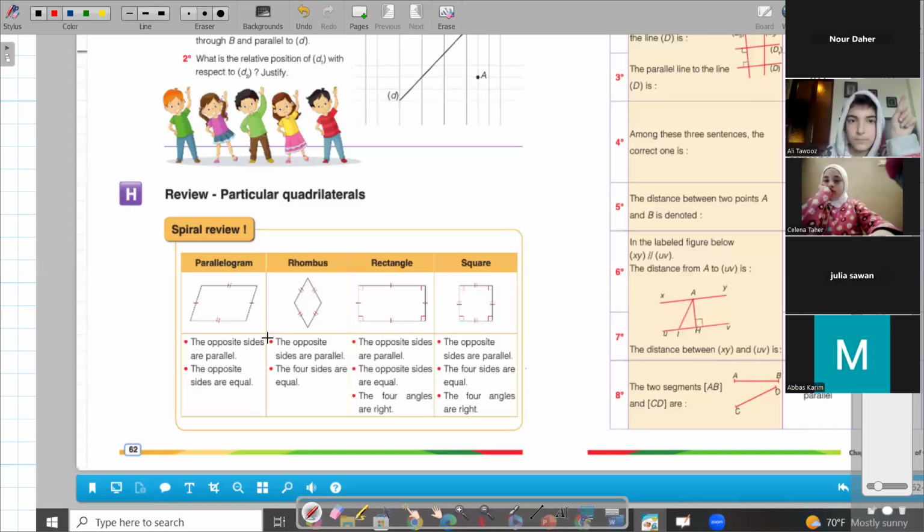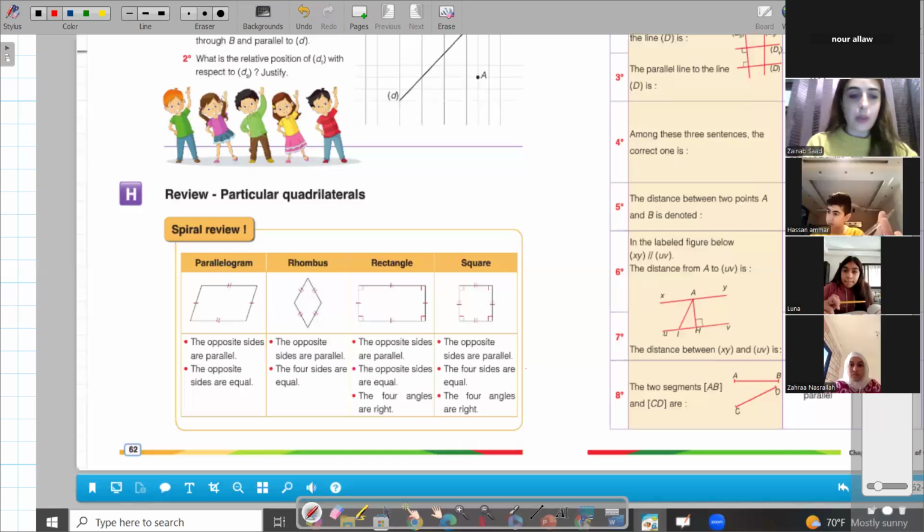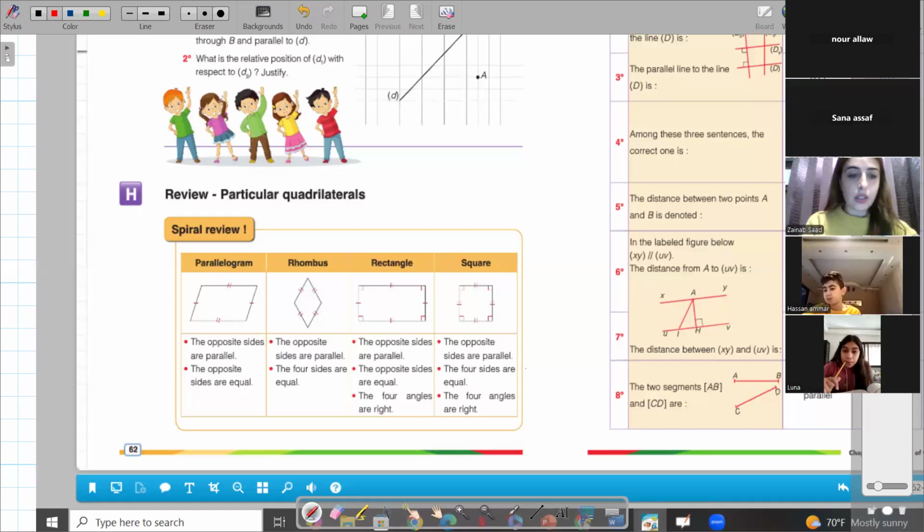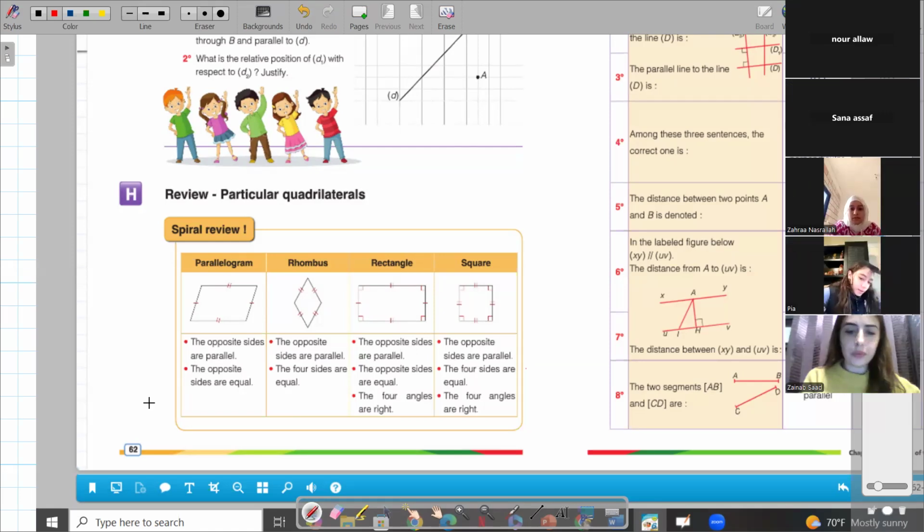Now we're going to remember together the characteristics of these four quadrilaterals: the square, the rectangle, the rhombus, and the parallelogram. I'm going to start with Sana. Can you read for us the parallelogram and tell us about its characteristics? Please mute yourself.